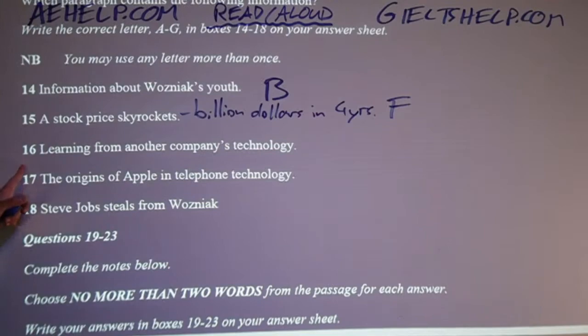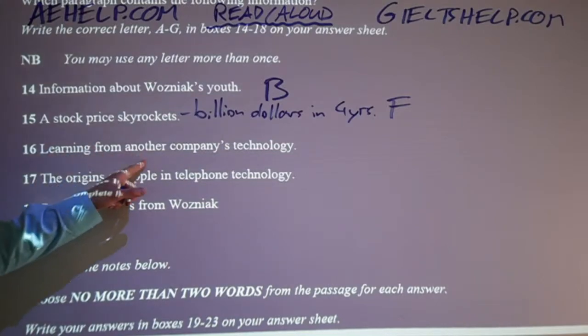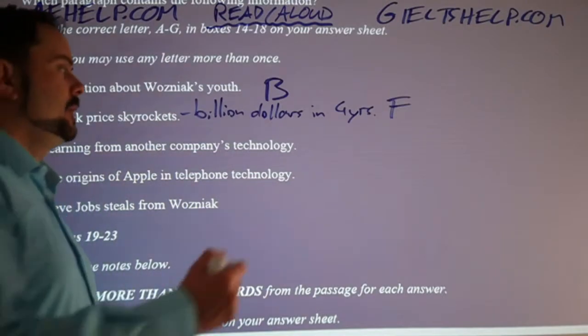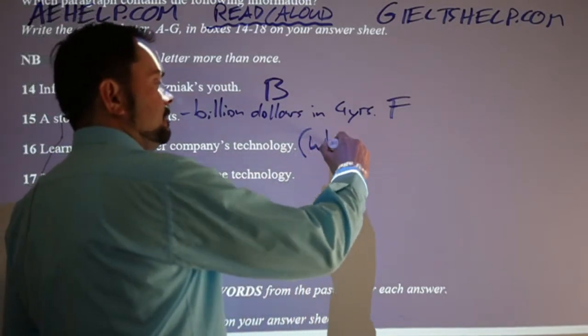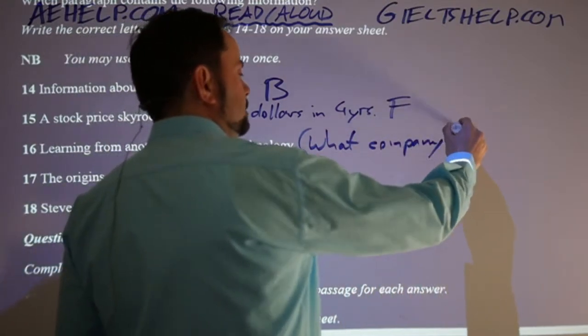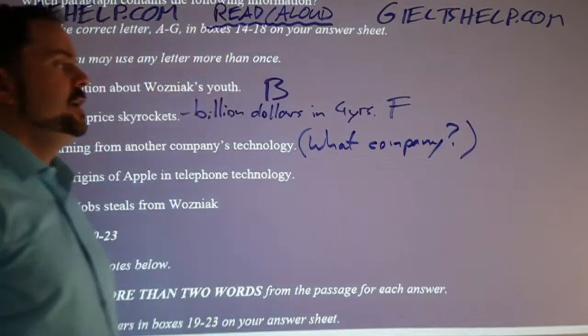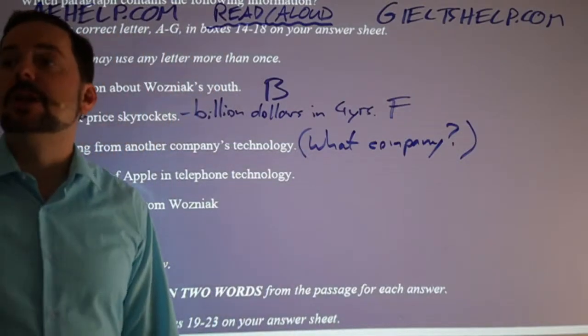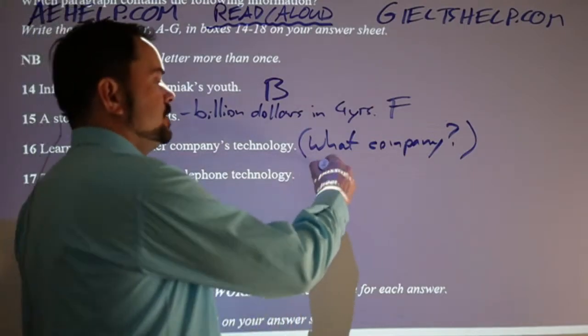Number 16, learning from another company's technology. Okay, here, again, think about it. What company? Okay, what company are we learning from here? Okay, Georgian, very good. So Georgian says it's Atari.